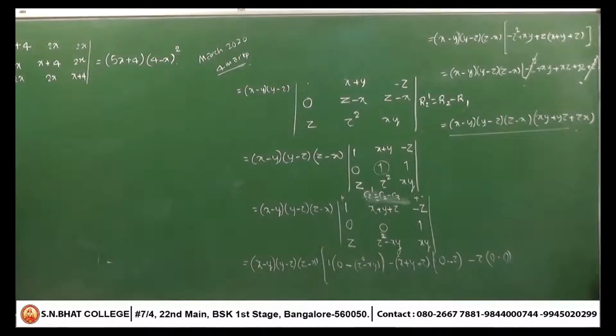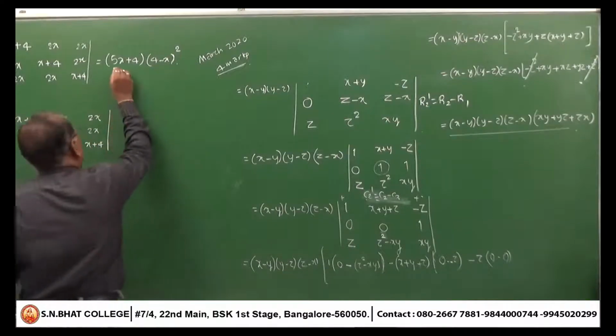Right, left hand side determinant. Left hand side is equal to determinant of x plus 4, 2x, 2x, x plus 4, 2x, 2x, 2x, x plus 4. See the answer.